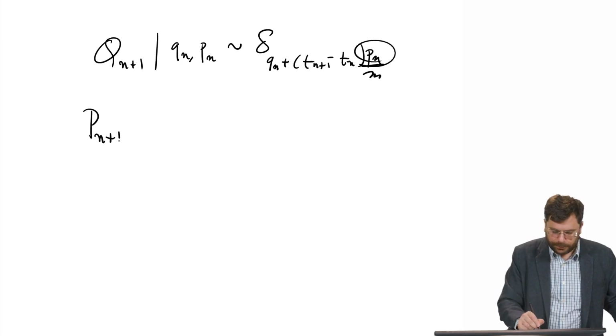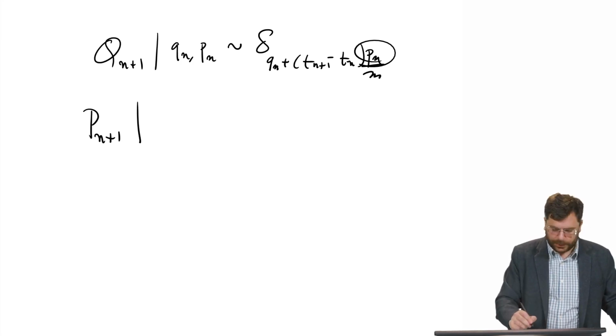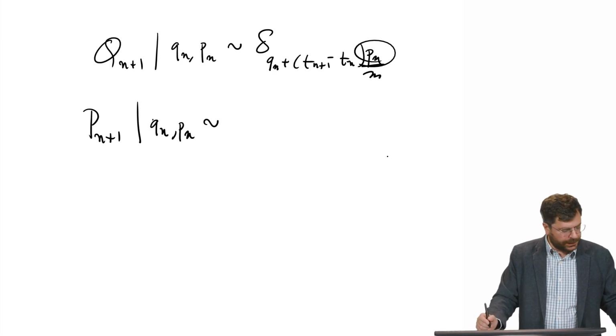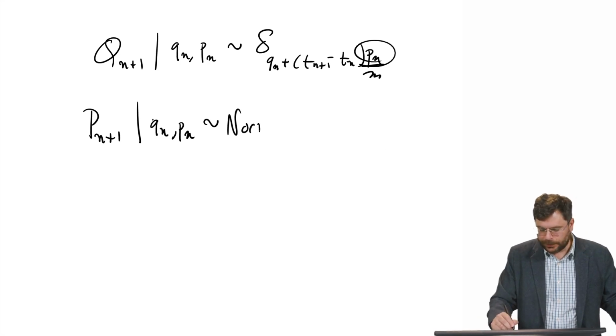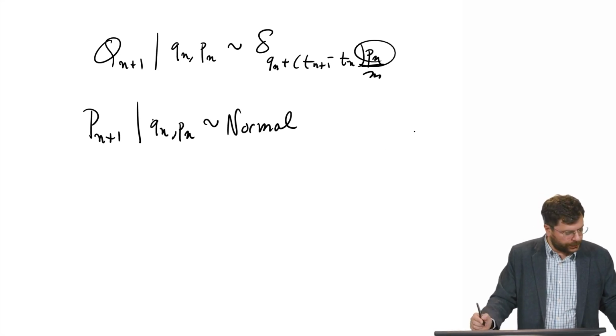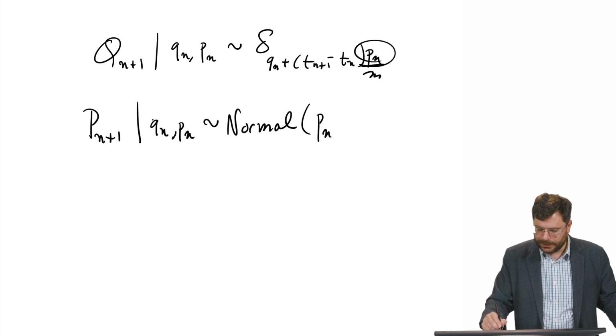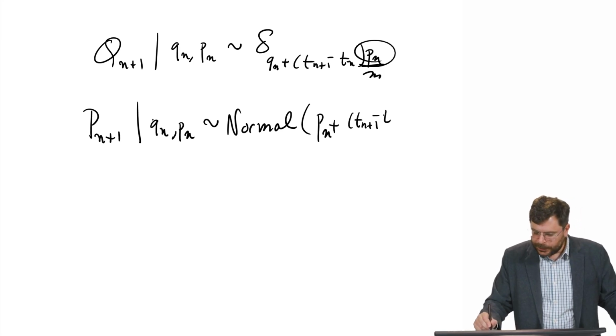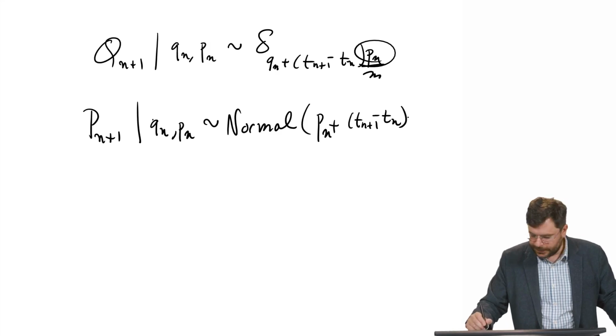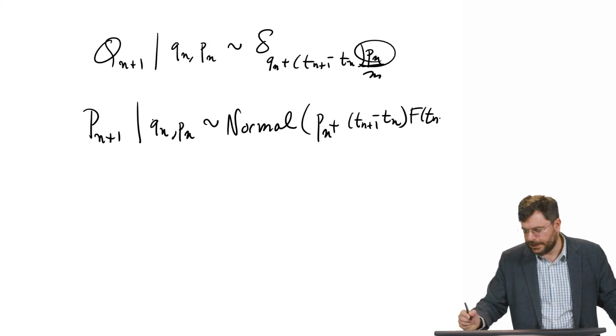So pn plus 1, conditioned on qn and pn, is going to be drawn from a normal distribution with some mean, pn plus (tn plus 1 minus tn) times f of tn, qn.